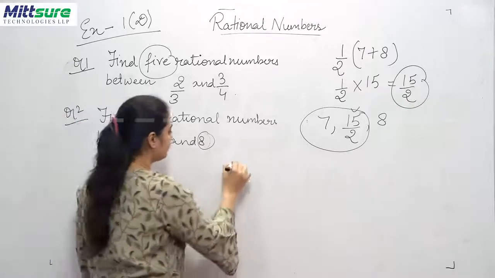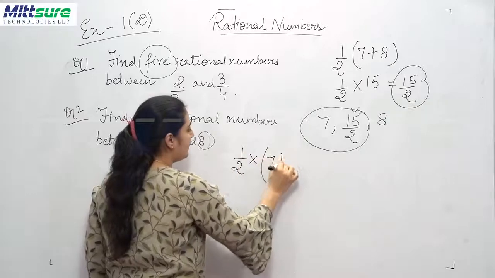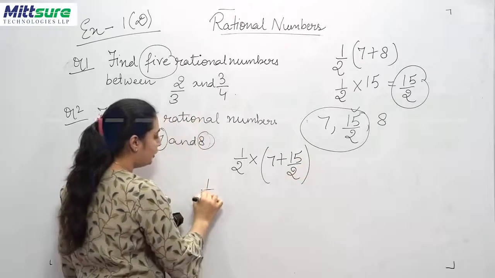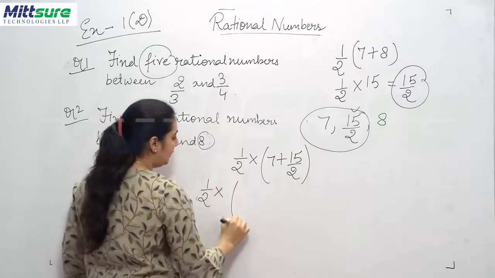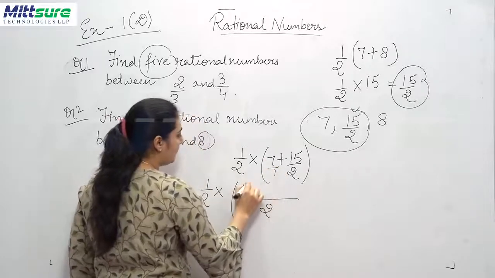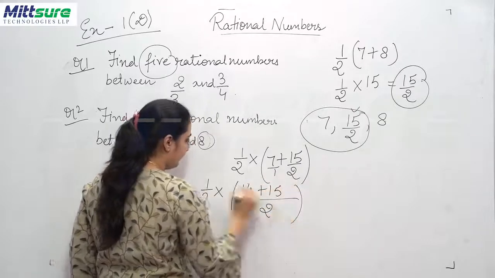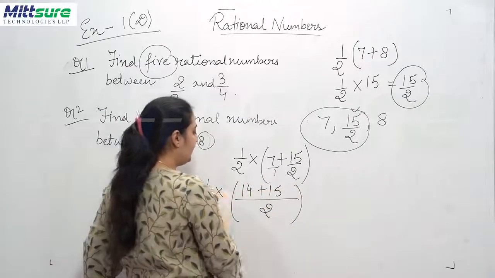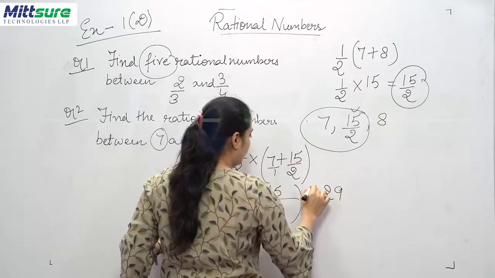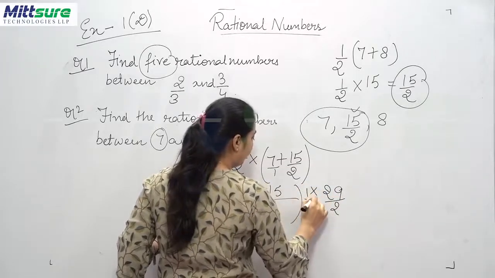So let's see. 1 upon 2 multiplied by 7 plus 15 upon 2. 1 upon 2 will be kept outside the bracket. We will take the LCM 2. When it goes one time, it is 14 plus 15. Now 14 plus 15 is 29, so 29 upon 2 multiplied by 1 upon 2.